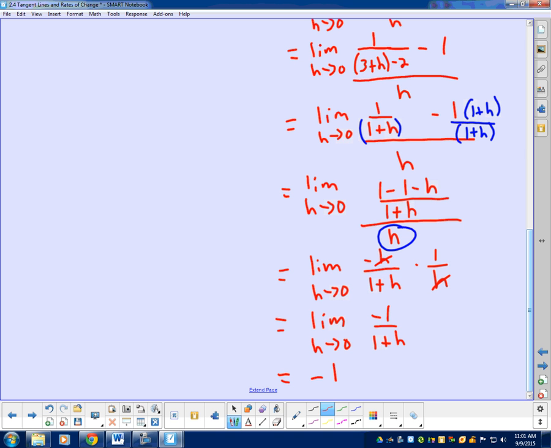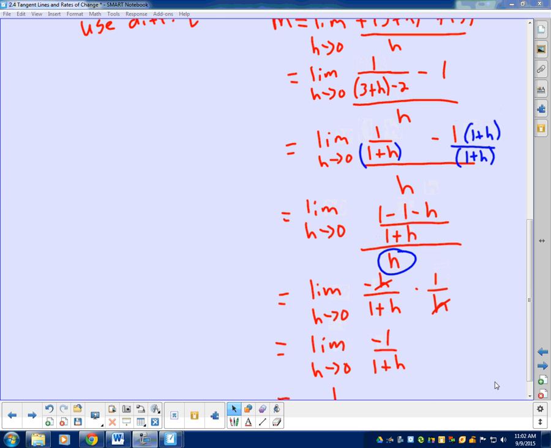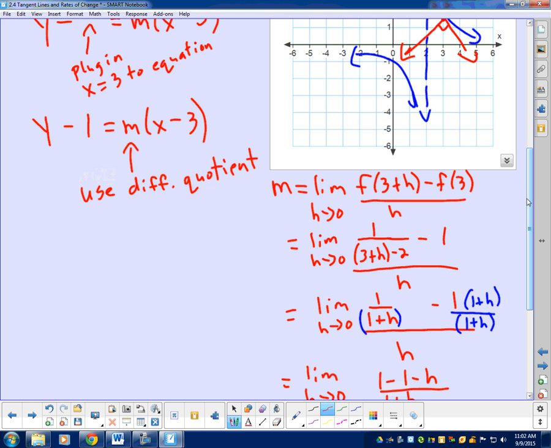You don't have to show all your steps though, but you need to be able to do the algebra to find the instantaneous rate of change or the slope of the tangent line. The slope is -1. All right, so my equation of the tangent line.